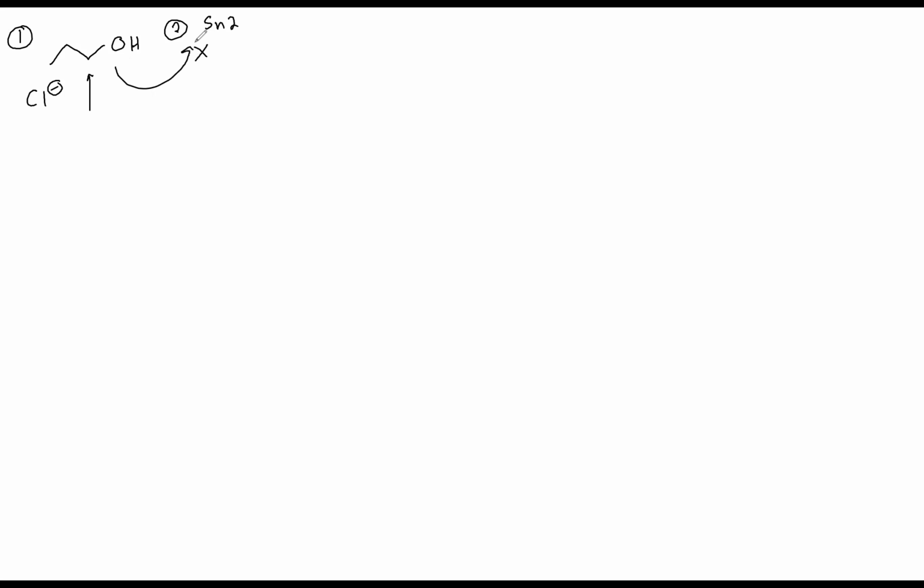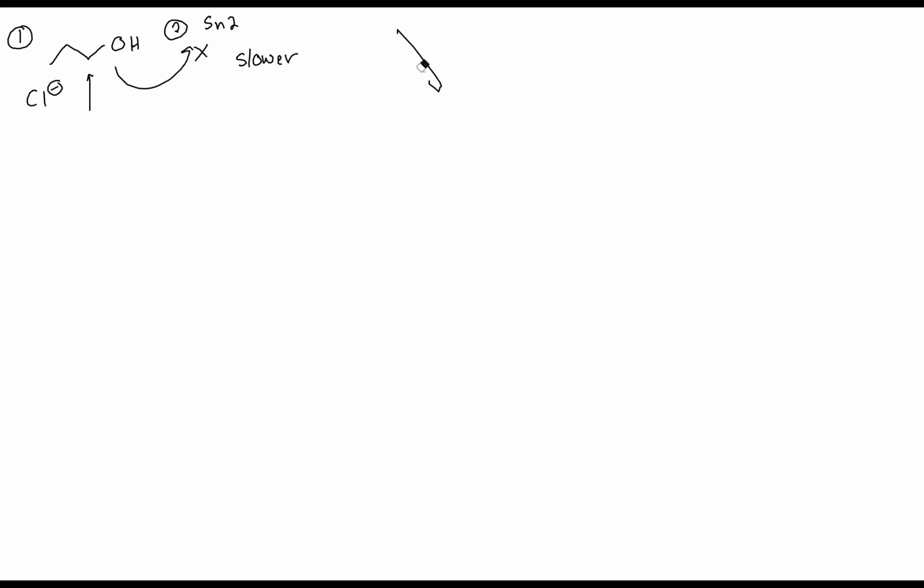We know H2O likes Sn1 reactions, but we are going to keep the Sn2 reaction because we have a strong nucleophile and a primary alkyl halide. So that sort of overcomes the H2O. But again, Sn2 does not like H2O, so this is going to cause the reaction to go slower.